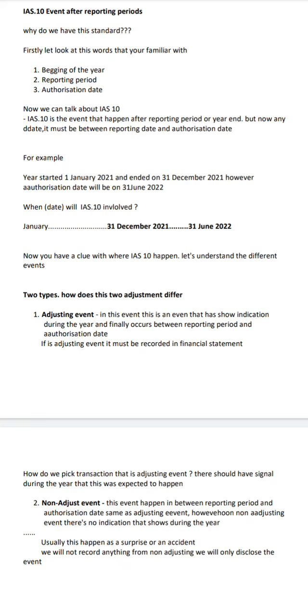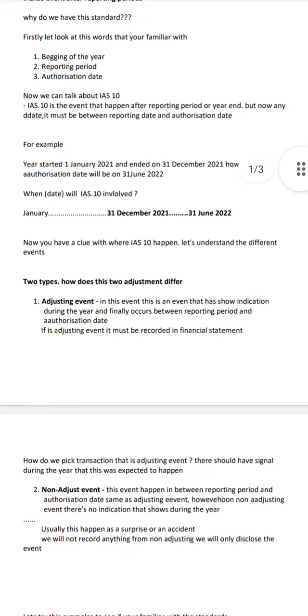So that event we call an adjusting event. We assume that the event happened before the reporting period because there was an indication that this event might happen.